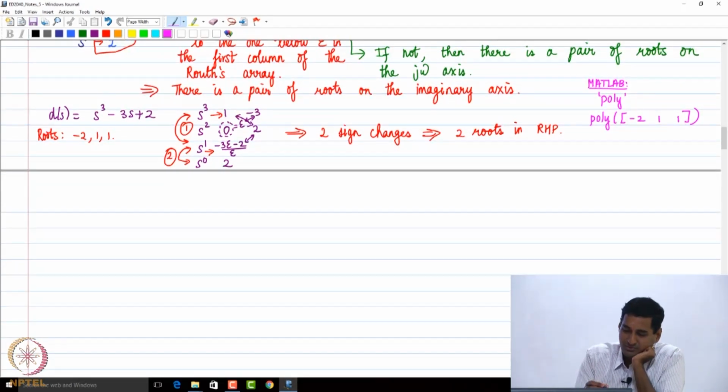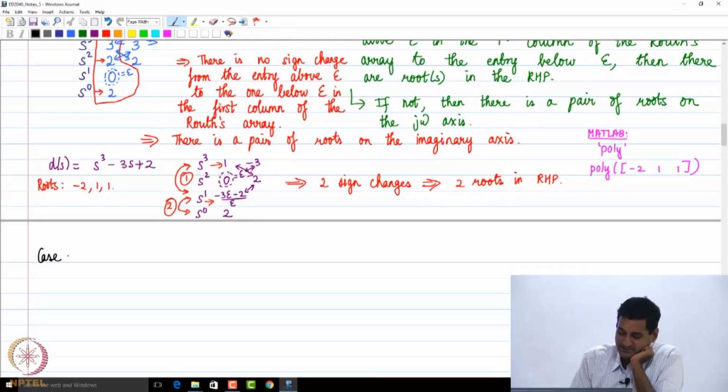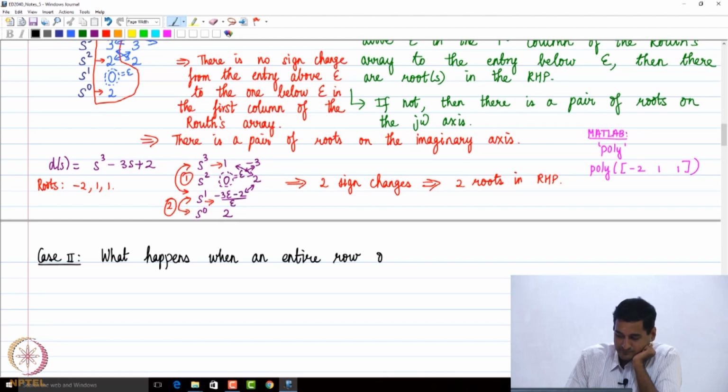Now, I am going to do a second special case, where we ask ourselves a question: what happens when an entire row of the Routh's array is 0?